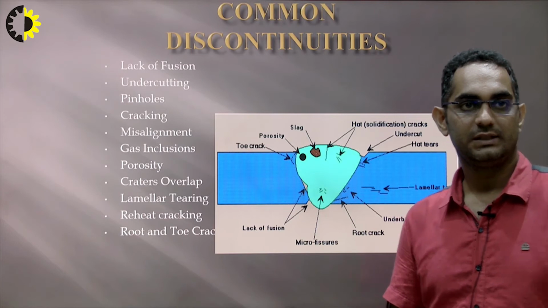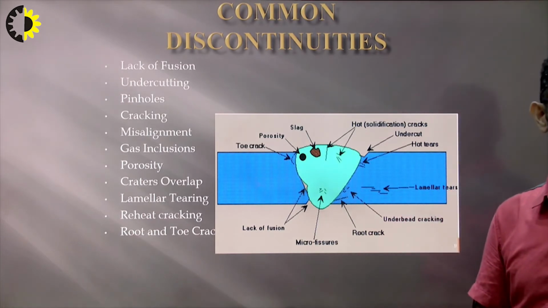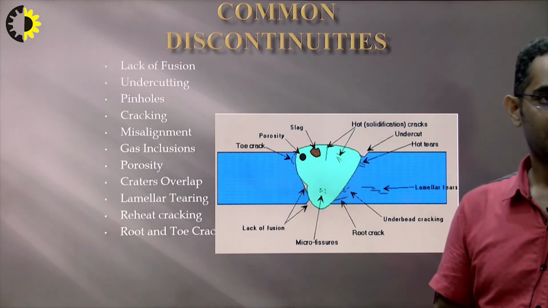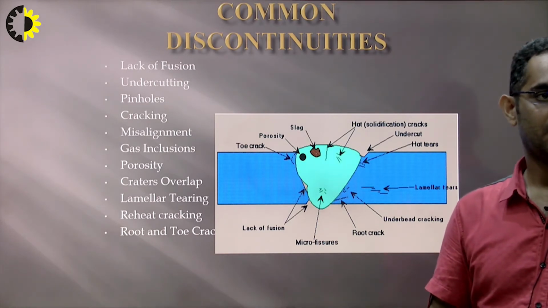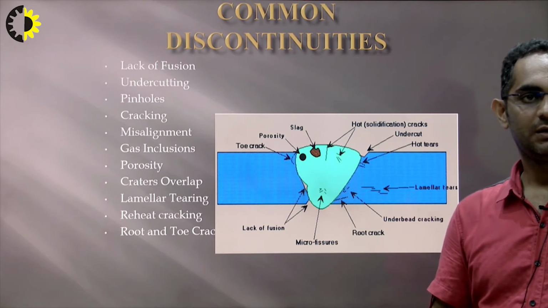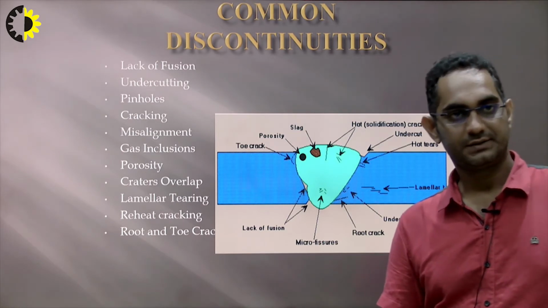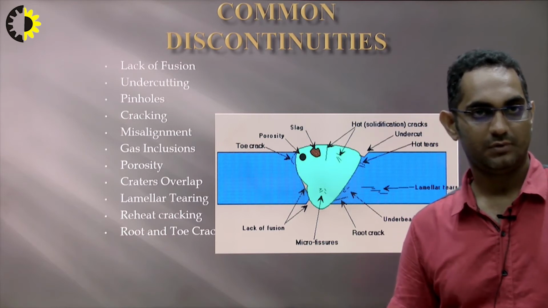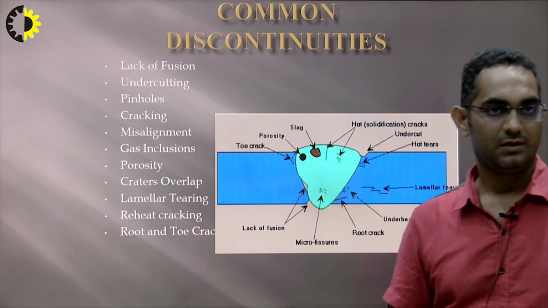Here we can see the slag which is formed. Slag, porosity, toe crack, hot soil, undercut, and hot tears are there, and laser beam tears and underbead cracking.